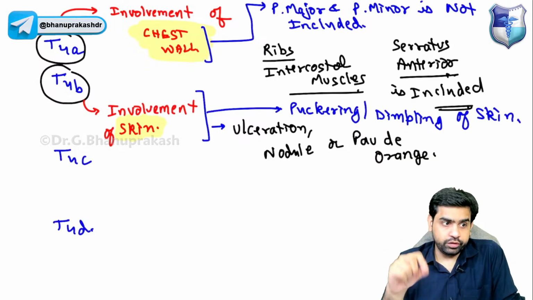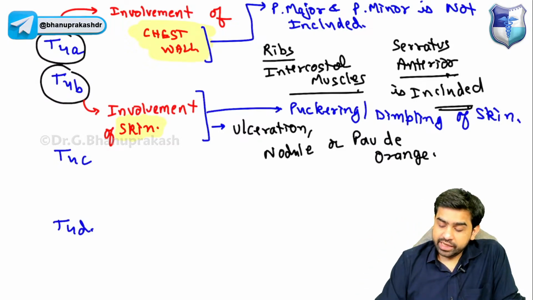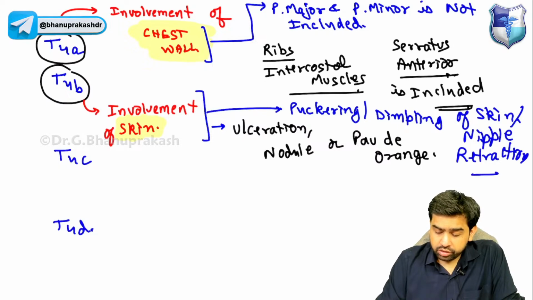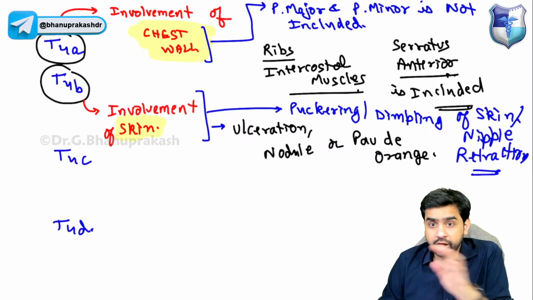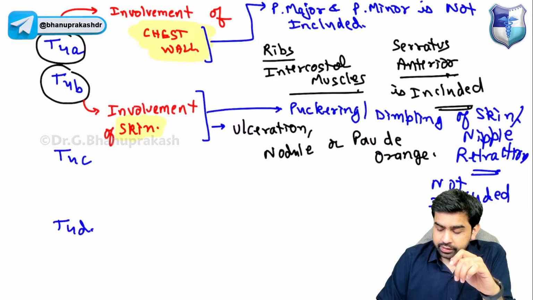Why do these things occur? Puckering, dimpling, or nipple retraction occur because of involvement of the ligament of Cooper. So these things are not included in the involvement of the skin.